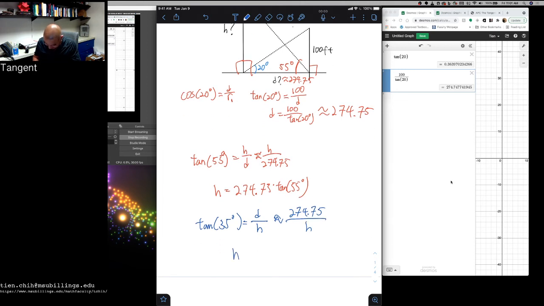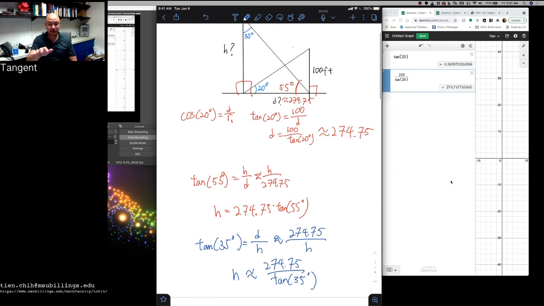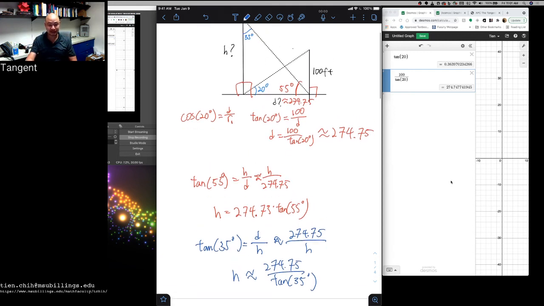So the base height is about 274.75 over tangent of 35 degrees. So we have two different ways of finding this height, both in terms of tangent but of different angles, and they should both be the same.